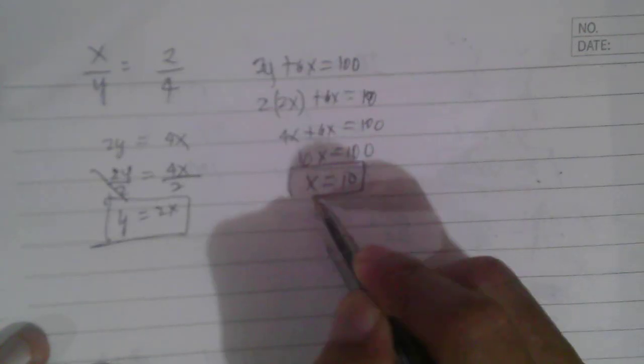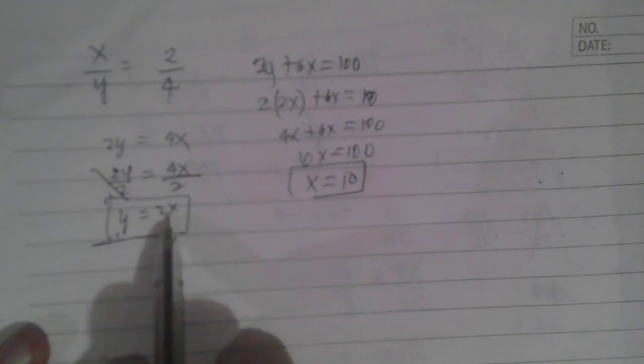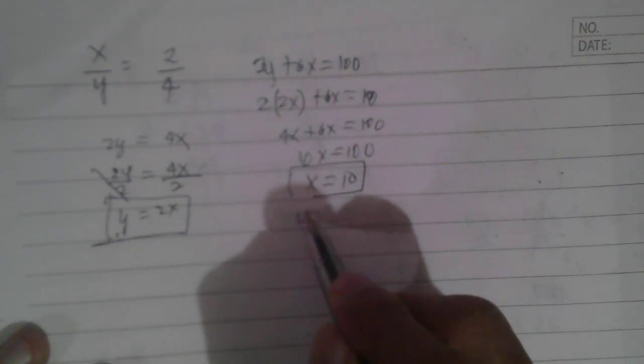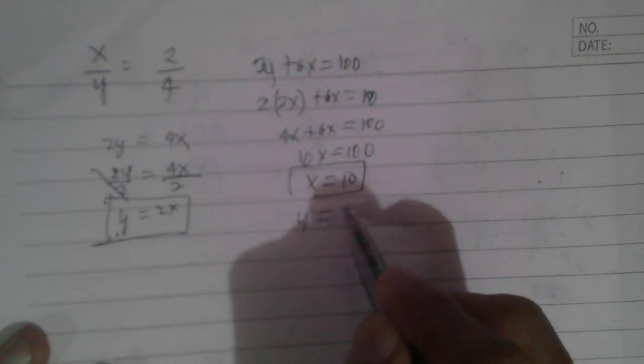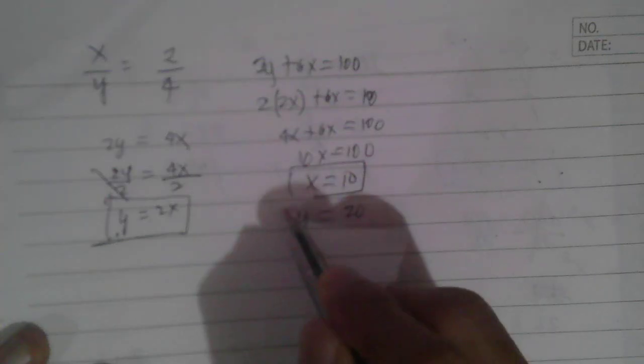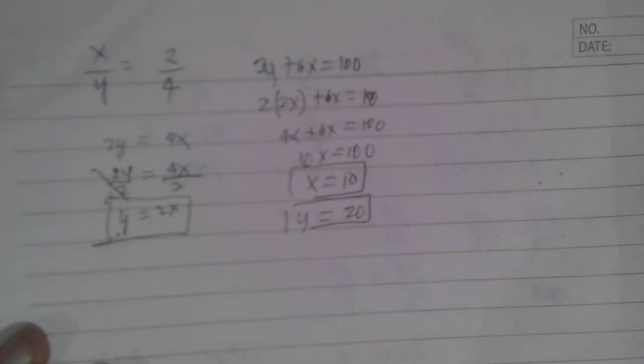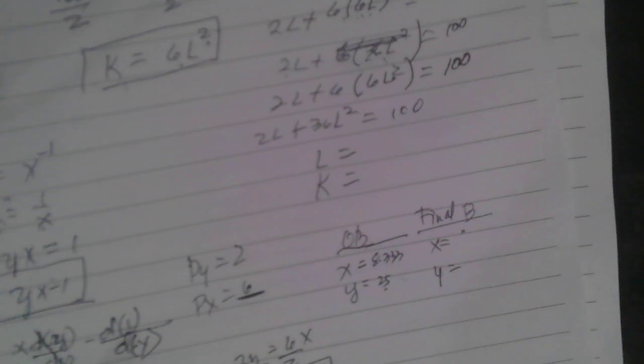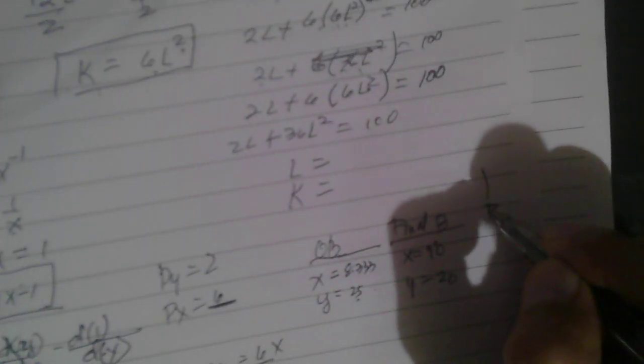What is your y? y is 2x, so y is 20. So your final bundle is 20 here. Next is the decomposition bundle.